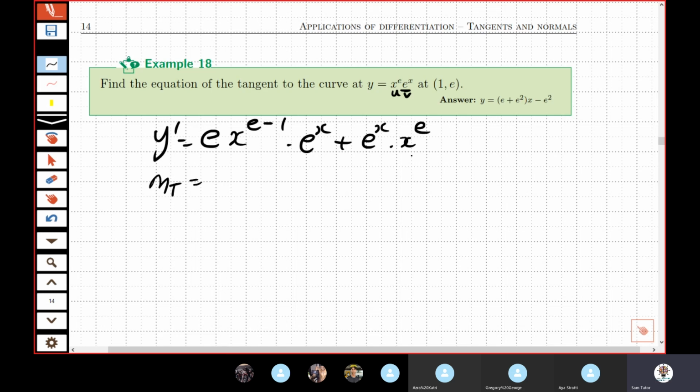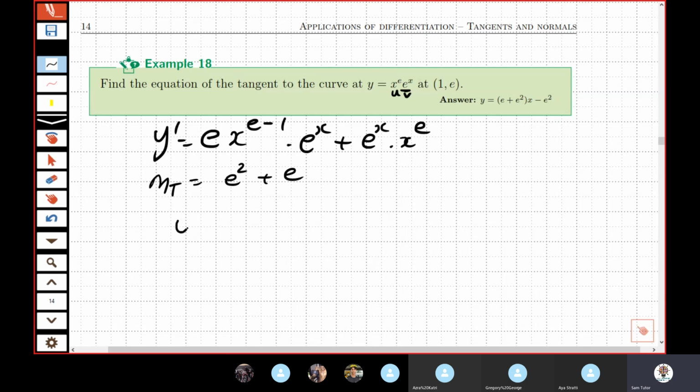Did anyone actually get this line out? Yeah, you got it. Okay. e times e is e squared plus e times 1 is e squared plus e.